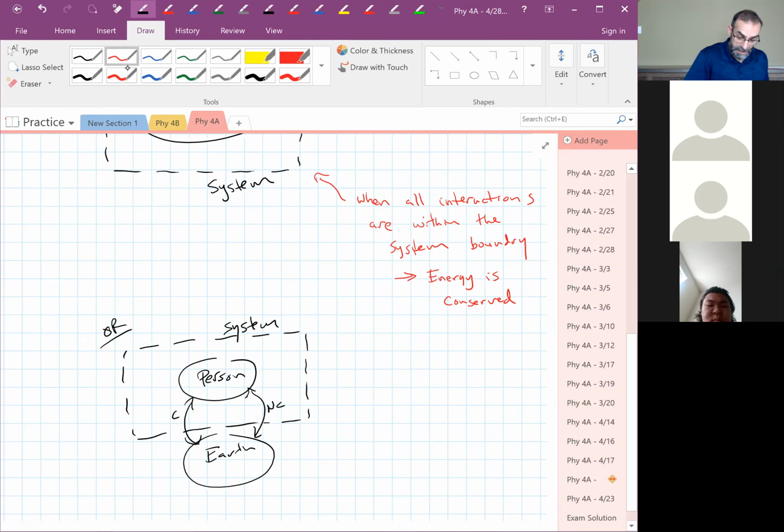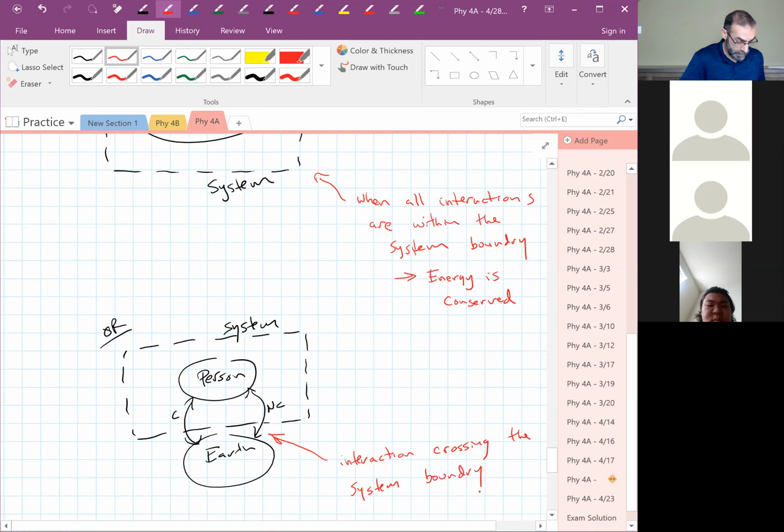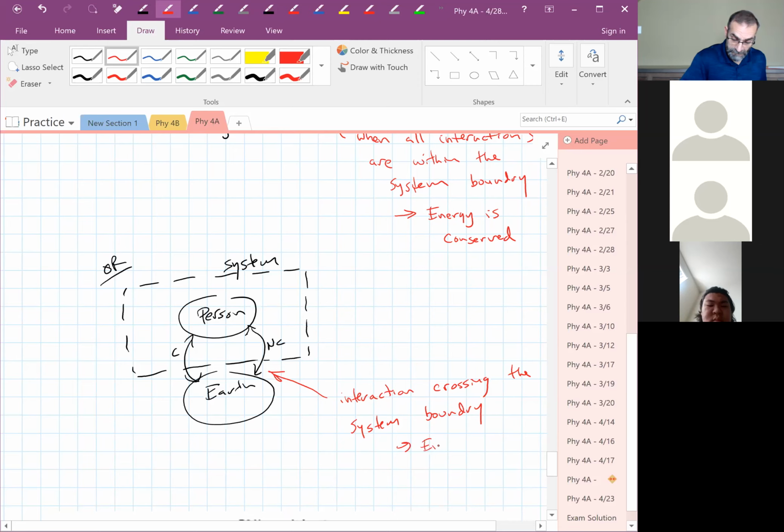And then what you see is that these interactions crossing the system boundary, energy is not conserved. So you'd have to account for that somehow in your energy conservation.